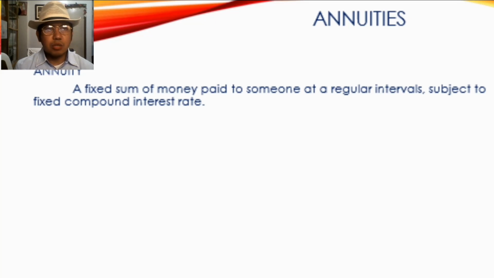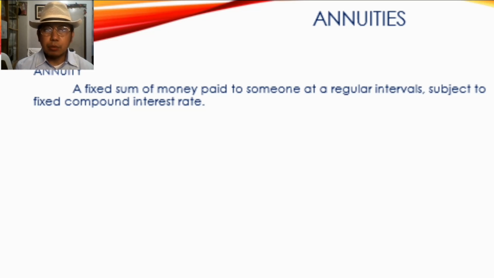Meaning to say, it is actually a payment of a fixed amount paid to an individual, to an investment firm, to a bank, or to any institution which lends money to someone.